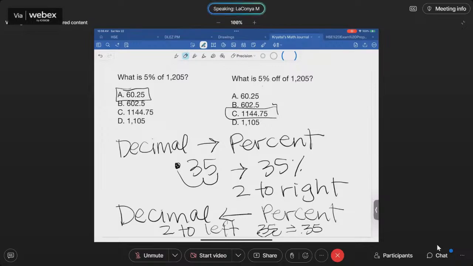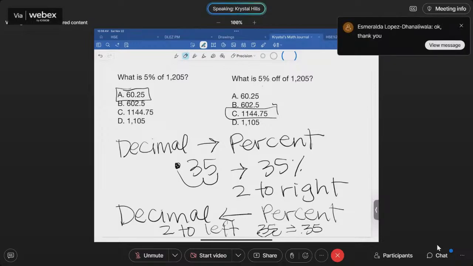Keep it there real quick, Miss Krystal. Did you say keep it there? Yes, ma'am. I'm just writing it down because I'm having a hard time trying to move it up so I can see the bottom. Gotcha.